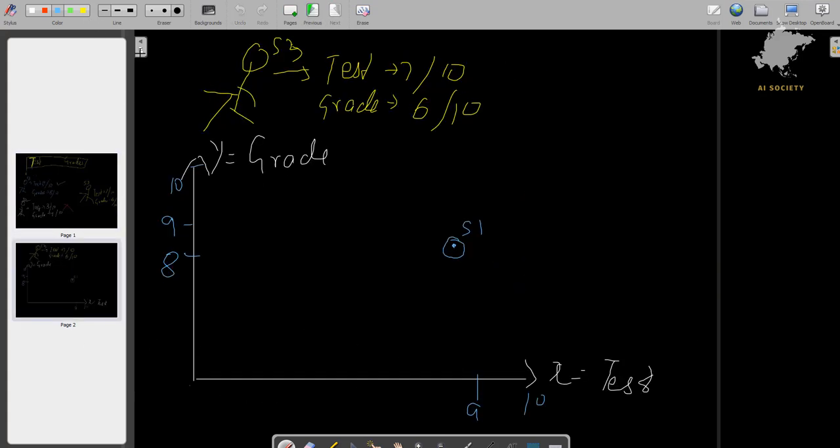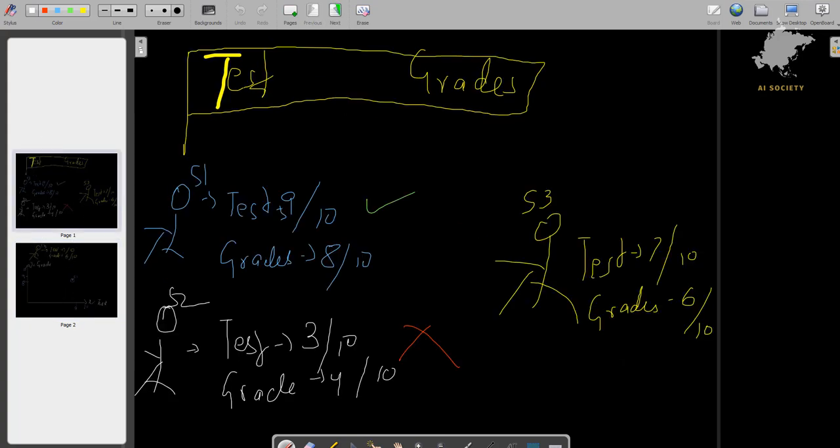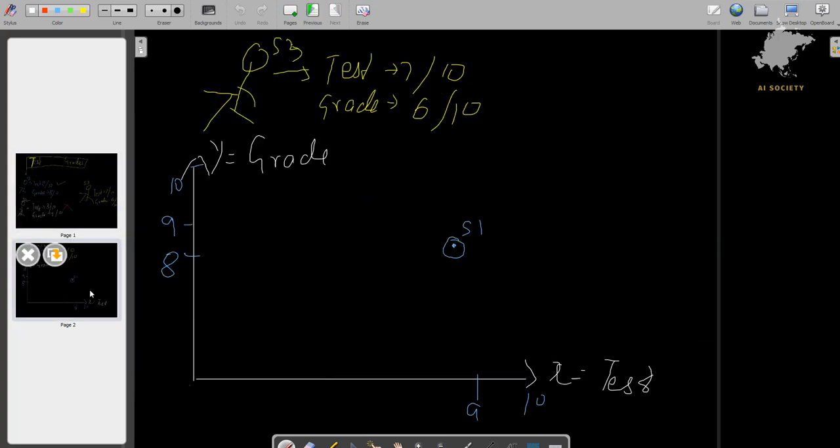For student S2, whose scores were 3 and 4, let's plot him out. Ignoring the many values in between, let's have 0, 2, 3 here.